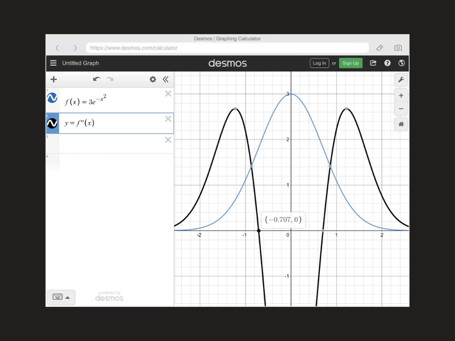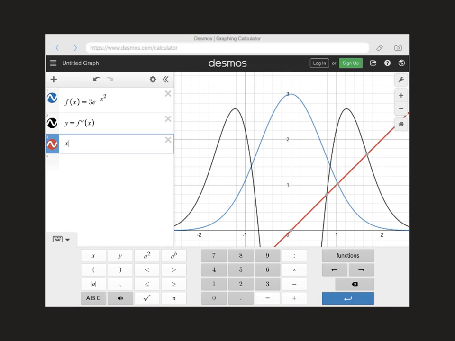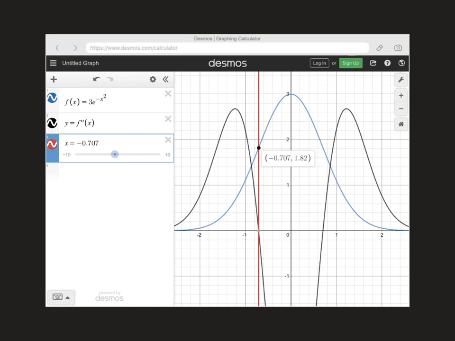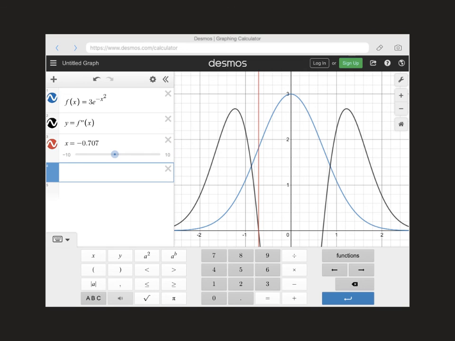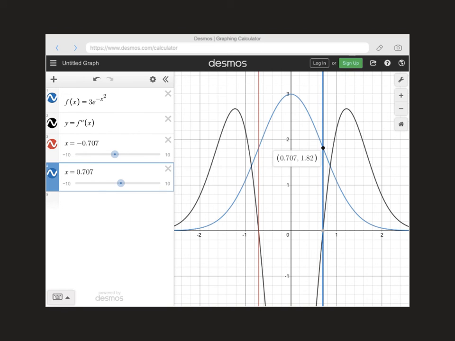So they were at negative 0.707 and positive 0.707. If I just put in vertical lines here, I could do negative 0.707. And that point right there, 1.82, must be 3 over square root of e. And then if I put one in at x equals positive 0.707, that must be the other inflection point.